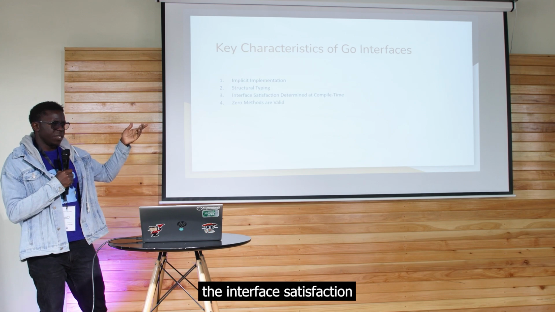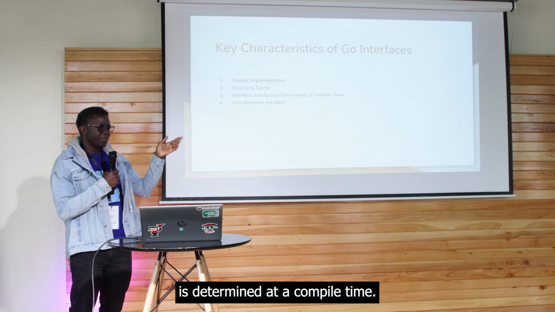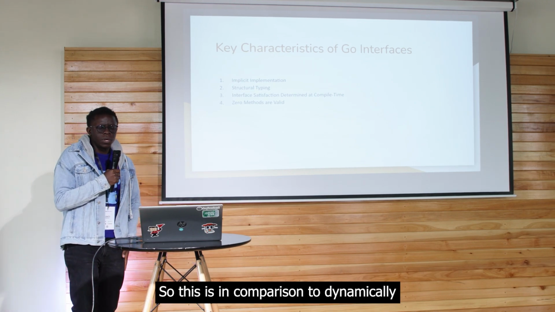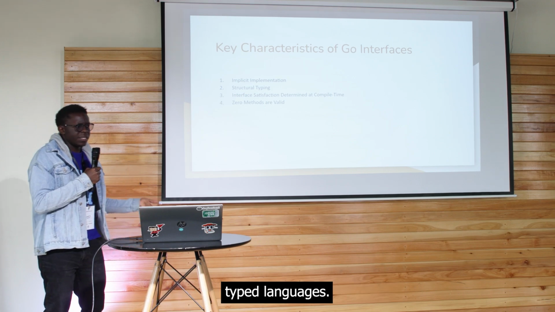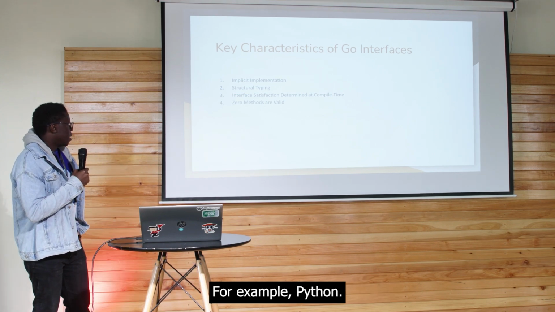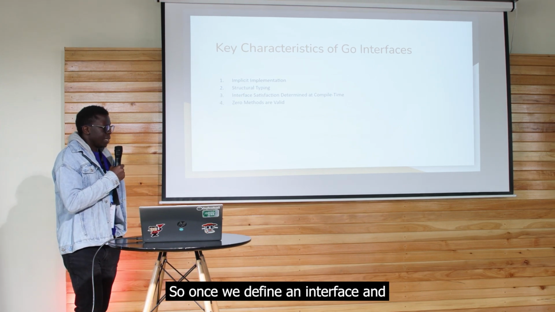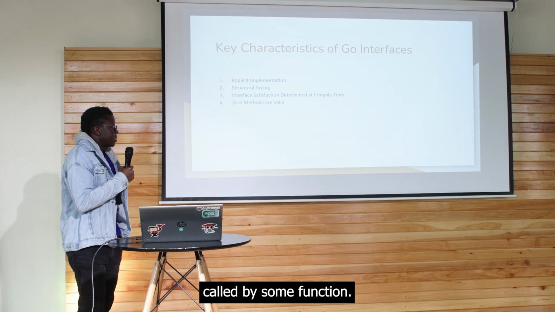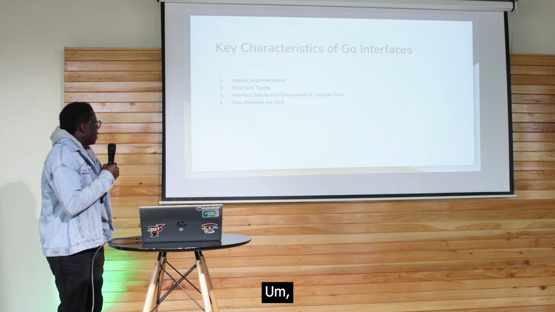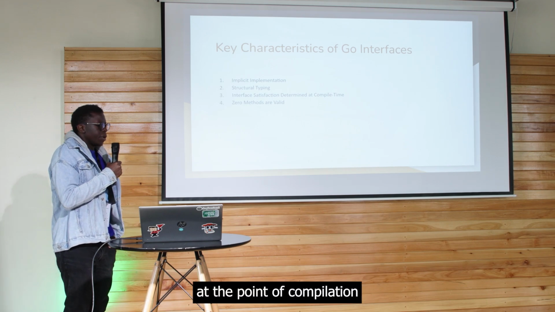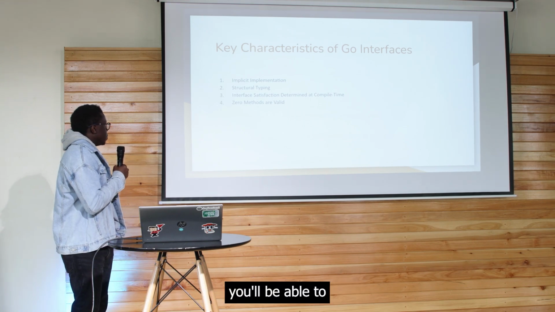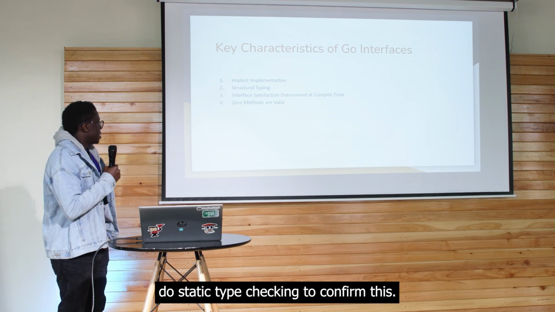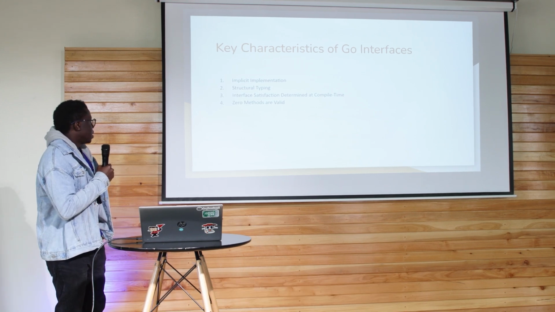Another thing is the interface satisfaction is determined at compile time. So this is in comparison to dynamically typed languages, for example, Python. So once we define an interface and we're implementing it, maybe it's being called by some function. At the point of compilation, we'll be able to do static type checking to confirm this.